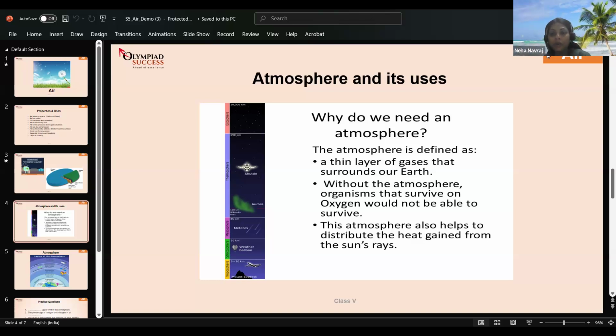Now you can see the screen. It's written that the atmosphere is defined as a thin layer of gases. Which gases did we talk about? We talked about nitrogen, oxygen, carbon dioxide, and also some noble gases, that surround the earth. Next point: without the atmosphere, organisms that survive on oxygen would not be able to survive.